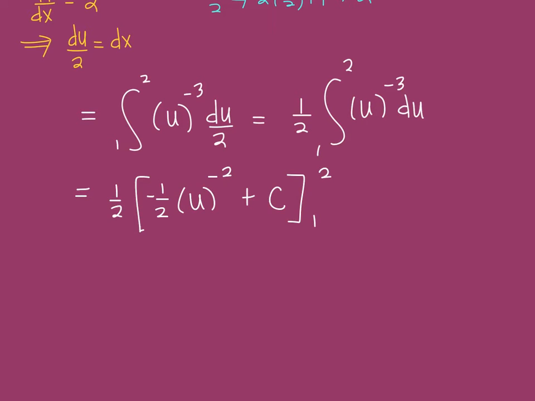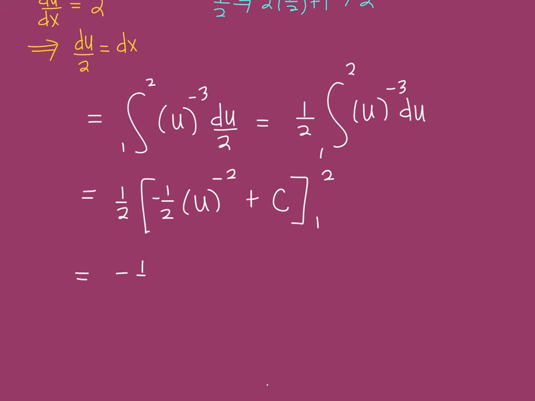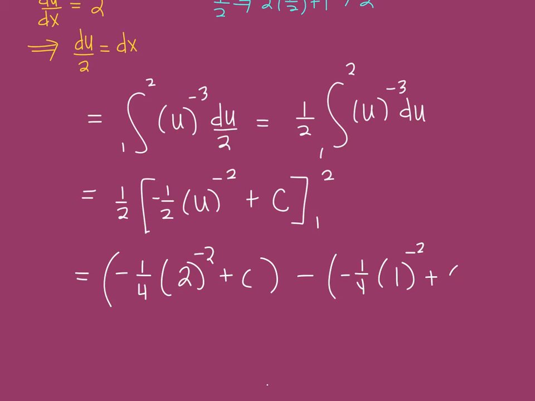And remember, I never have to go back to the original value of the bounds. I don't have to go back to the original value of u either. I can just go from here. So when I combine my coefficients, I have negative 1/4 times 2 to the negative 2 plus c minus negative 1/4 times 1 to the negative 2 plus c.